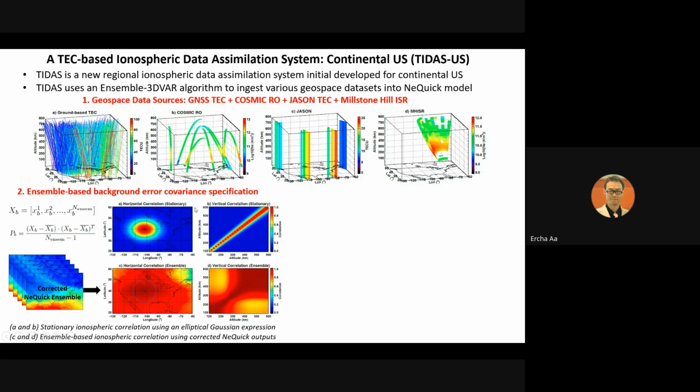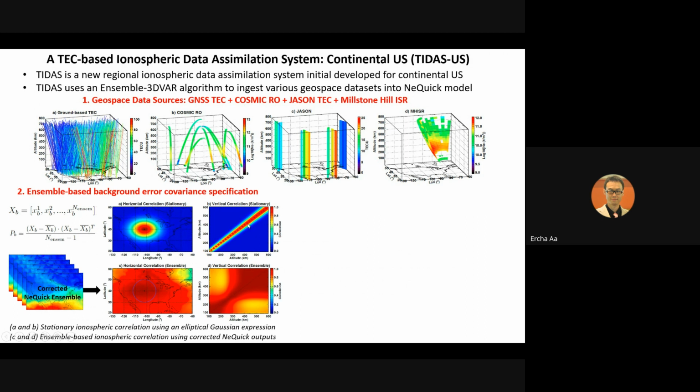They use some Gaussian-like functions, assuming they are proportional to the ionospheric correlation. For example, here we show the two stationary ionospheric correlations. This is the horizontal correlation, an elliptical Gaussian distribution, and that's the vertical.